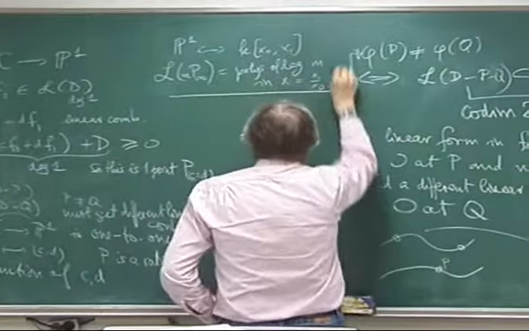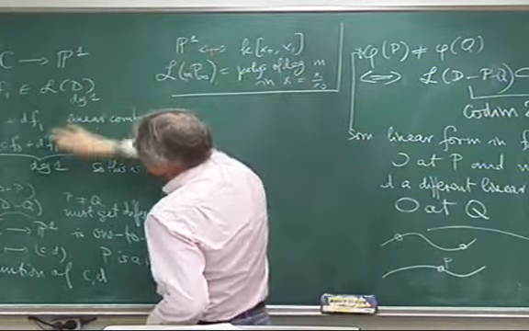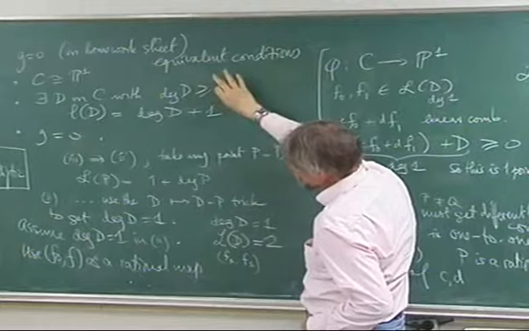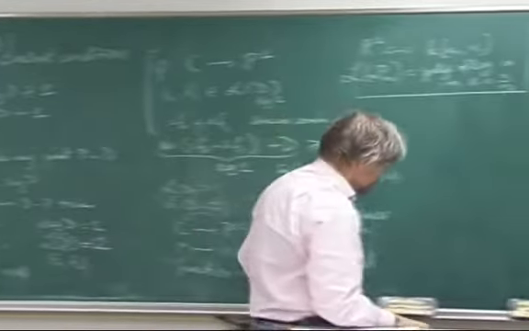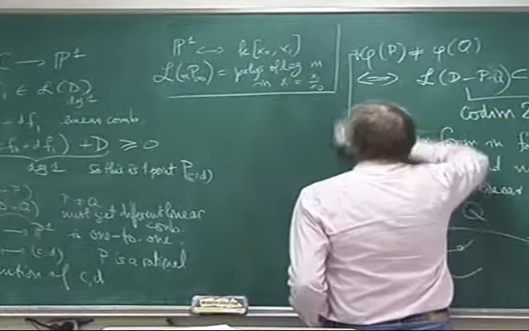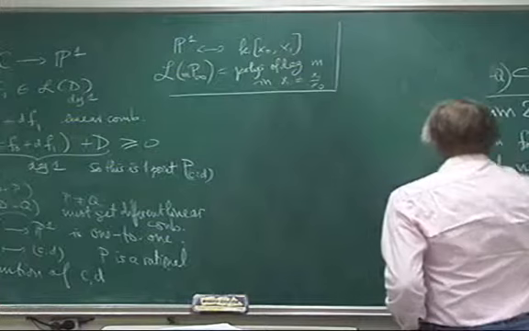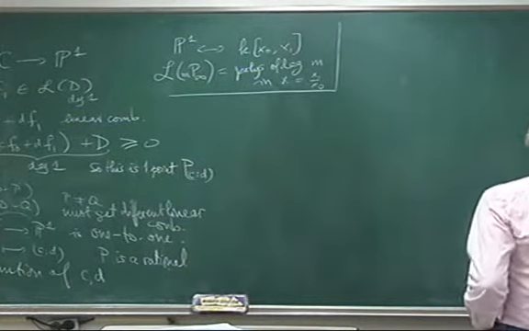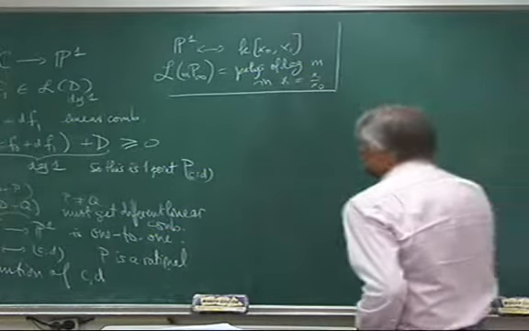So finally, we get back to saying that this thing here is actually characterized just by these conditions. I've got a non-singular algebraic curve, and I've got a linear system of this dimension.